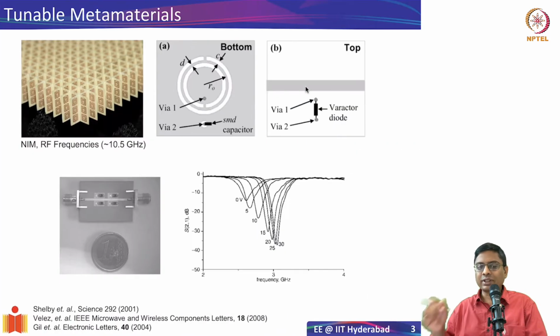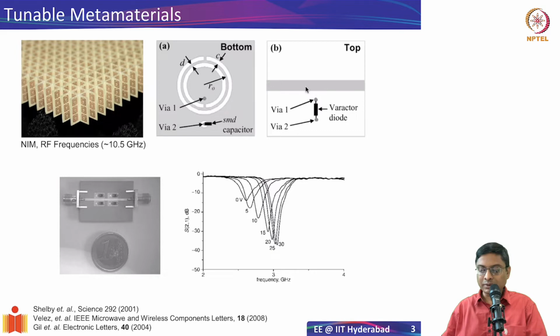The reason we are interested in these materials is that we have seen this structure, which is a negative index material, right? It works at RF frequencies. But so far from what we have seen, the negative index is coming because of the overlap of the electric and magnetic resonances. And those are defined by structural parameters.